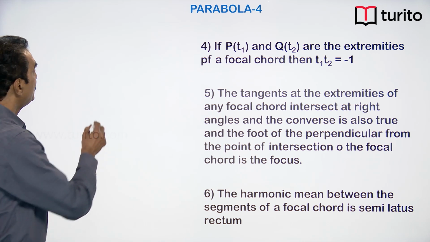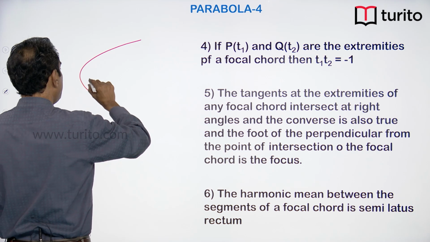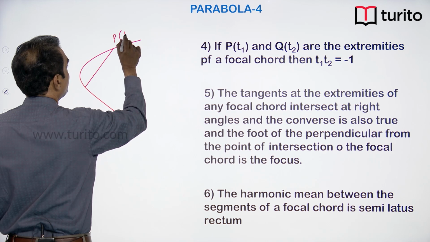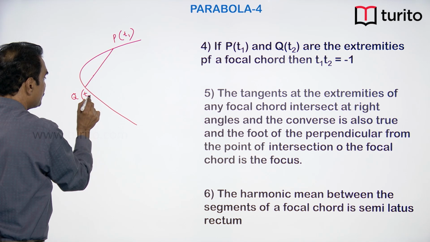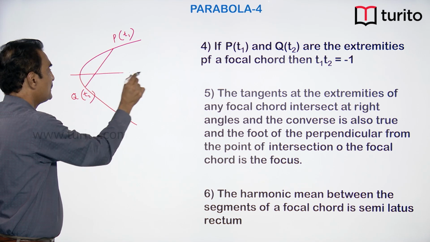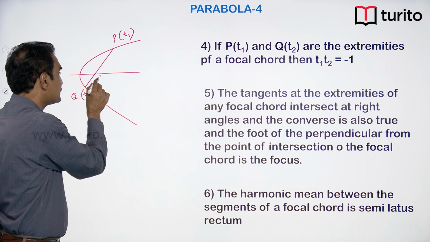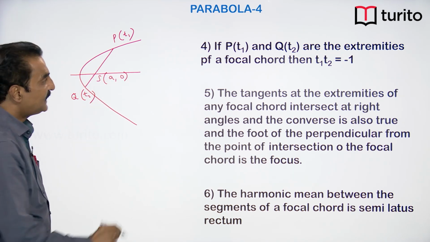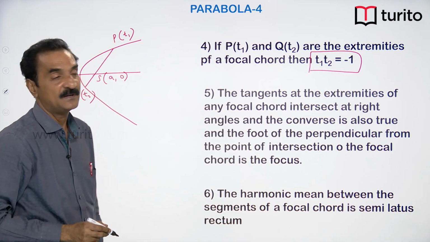Now, another point, if P of T1 and Q of T2 are extremities of a focal chord, if these two are ends of a focal chord, then the chord PQ passes through the focus (A, 0). Then the condition is T1 T2 is equal to minus 1, very important condition.